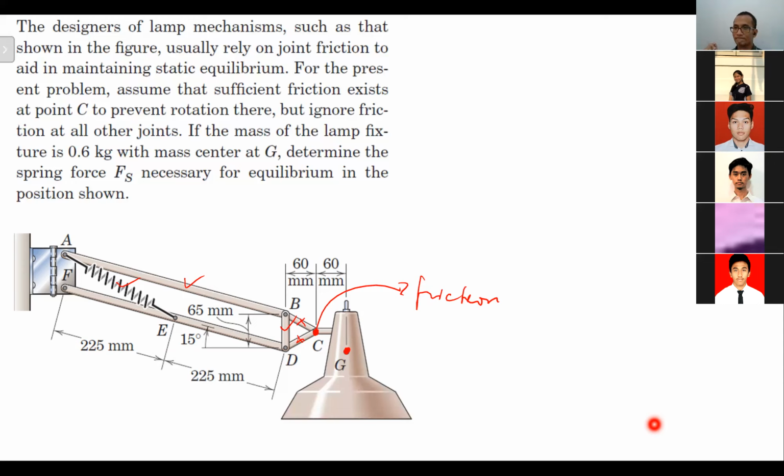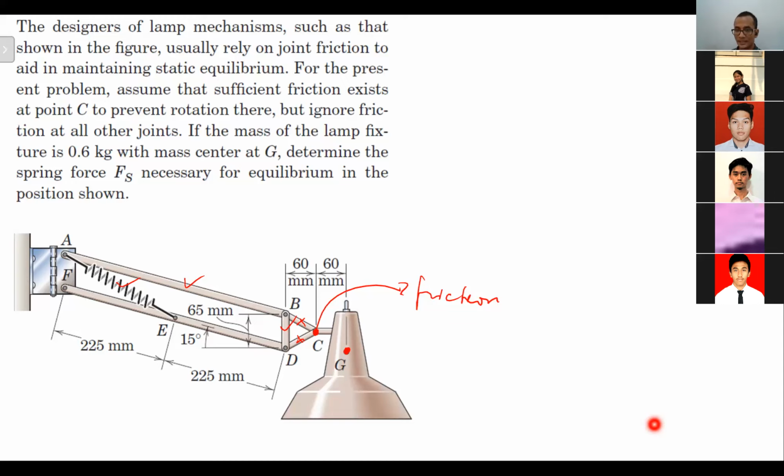Yes, I want to ask something, sir. Yes, Rizky. So if there's no friction at C, BC and DC can be two-force members? Yes, correct. If there is no friction at C, BC and CD will be two-force members.